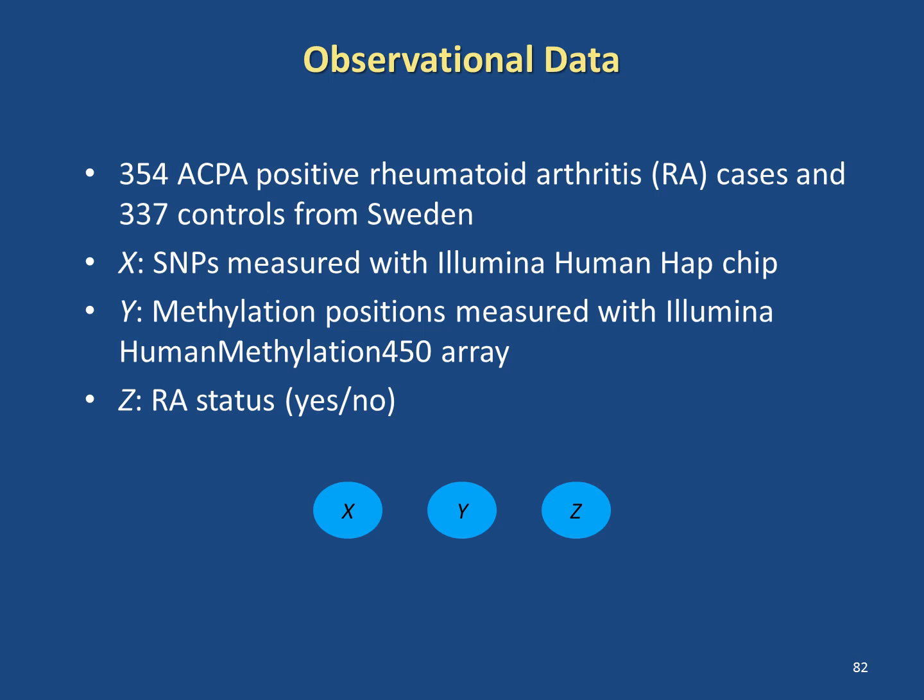And Z is the rheumatoid arthritis status, either yes or no. And of course, X and Y are changing. They're trying many different SNPs. They're trying many different methylation positions. Z is always rheumatoid arthritis status. So the search is over different X's and different Y's and looking for the kind of patterns that we saw in the example that we went through.